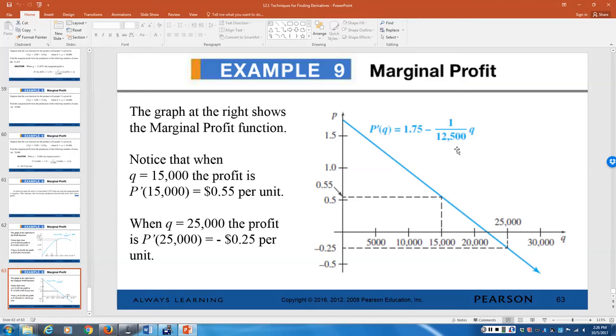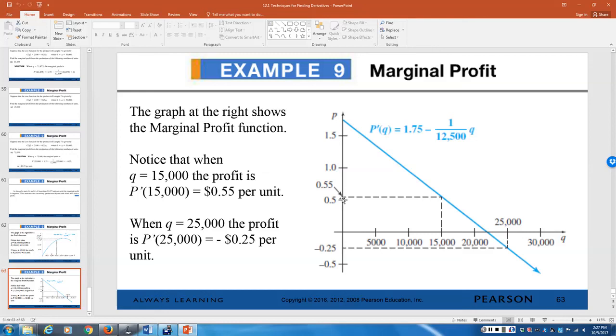So that means essentially from the price up here of the 175, from that fixed point, your profit is pretty much constantly decreasing from that point onward. So at P prime of 15,000, you see that you have a positive profit.